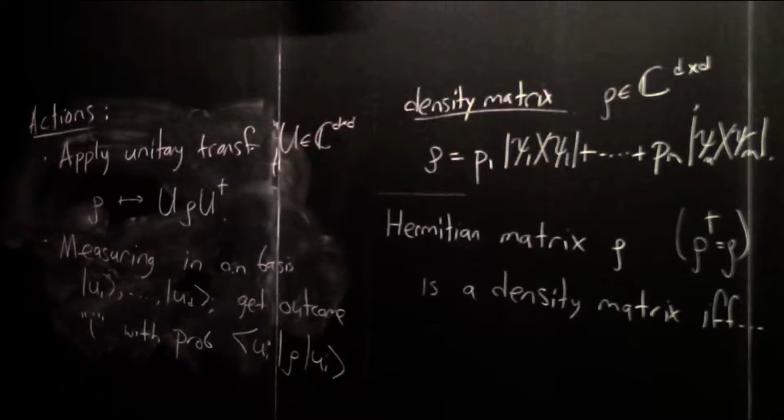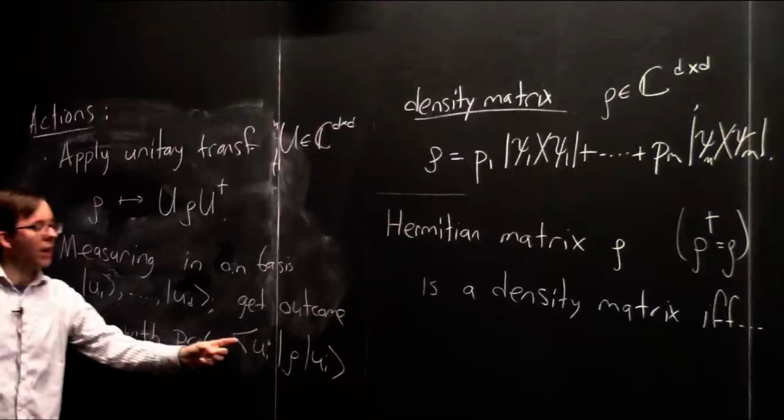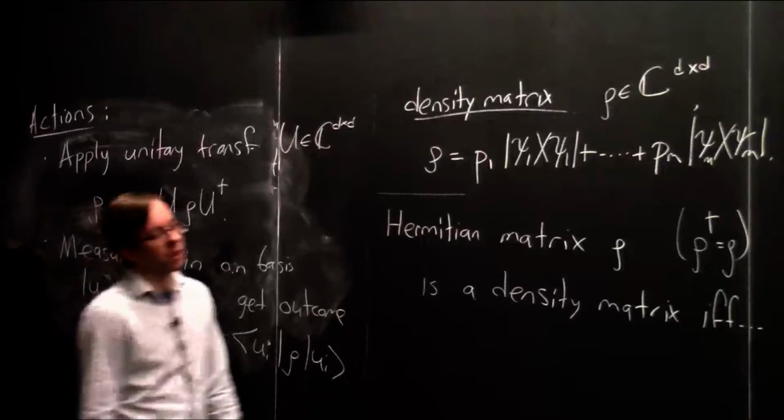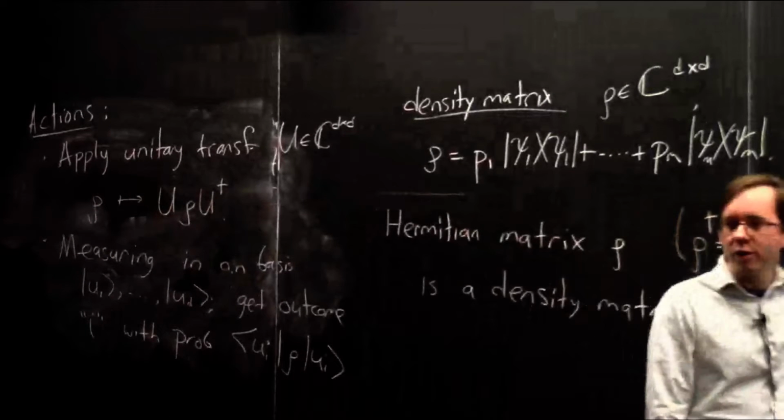In particular, if you're measuring in the standard basis, then these different numbers are the diagonal entries of rho. And so in particular, you can see that this will add up to 1, and so that sort of makes sense.